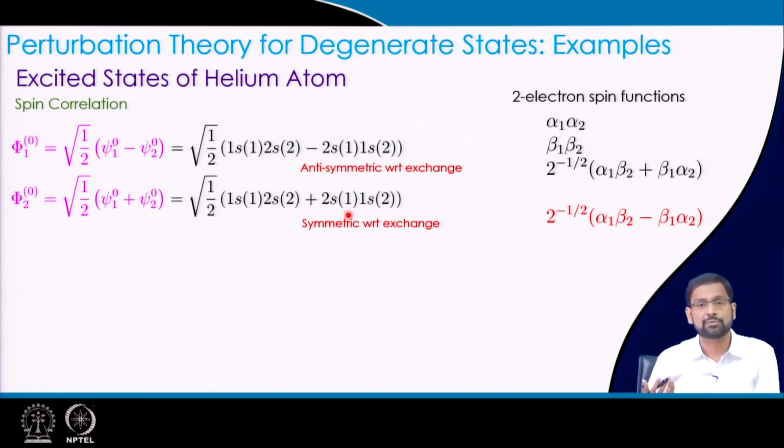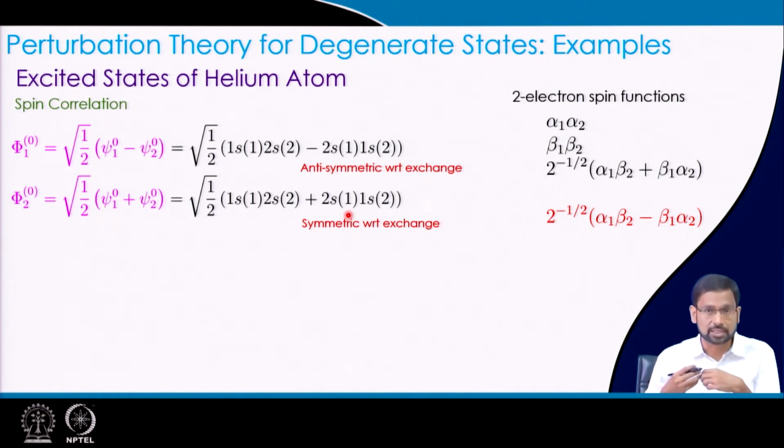When I have two-electron spin functions, the total spin of the system becomes S1 plus S2, where S1 is the spin of one electron, that is half, and S2 is the spin of the other electron, again half. So I can have two spin states: S equals half plus half, that is 1, or S equals half minus half, that is 0. Corresponding to S equals 1, I will have three MS values, MS minus 1, MS plus 1 and MS 0. They form a triplet state.